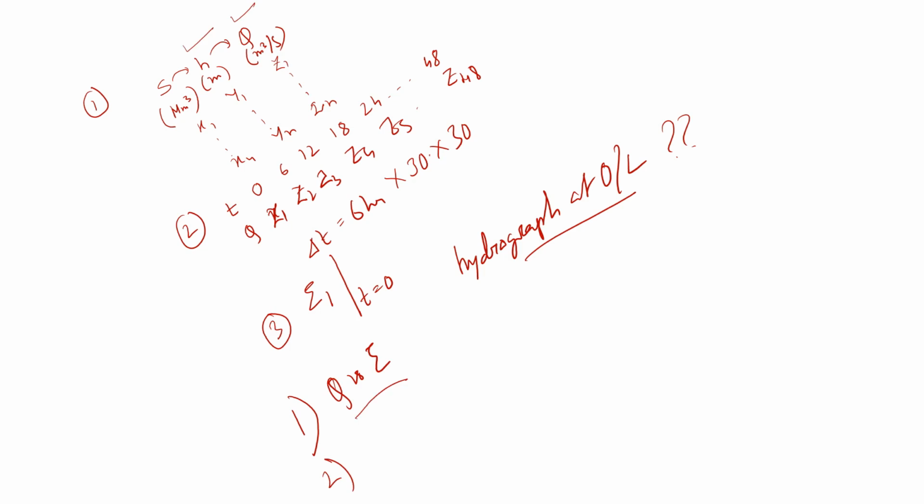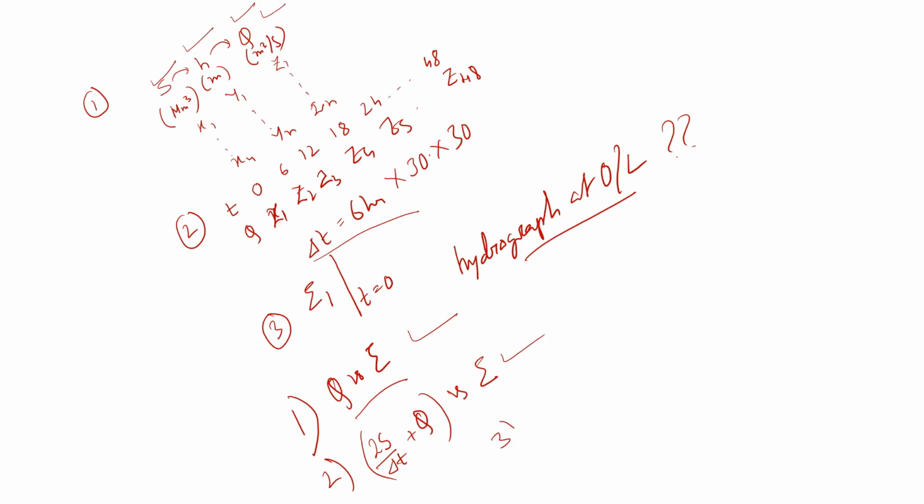Second, draw 2S by del T plus Q versus elevation from this data. 2S by del T plus Q from this table data: S and del T are given, Q is given, so you can easily draw this data. So two curves are drawn.